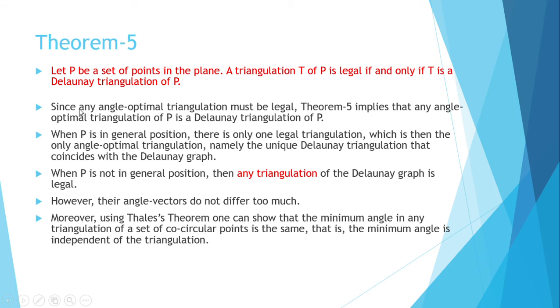Since any angle optimal triangulation must be legal, theorem 5 implies that any angle optimal triangulation of P is a Delaunay triangulation. This is just obvious.